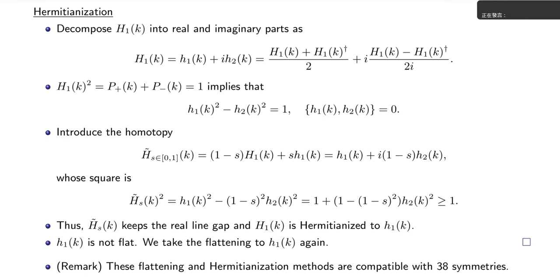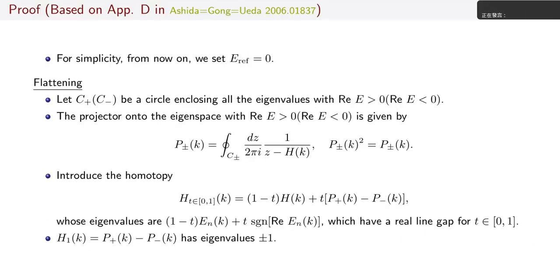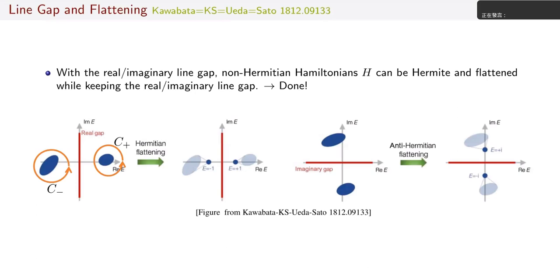However, we take the flattening of small H1 again to get the Hermitian and flattened Hamiltonian. So what I said is that if the non-Hermitian Hamiltonian has a real line gap, then while keeping the real line gap, this Hamiltonian can be made Hermitian and also flat.